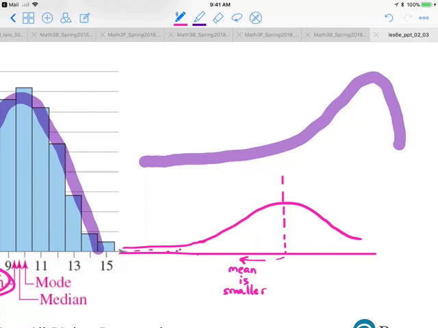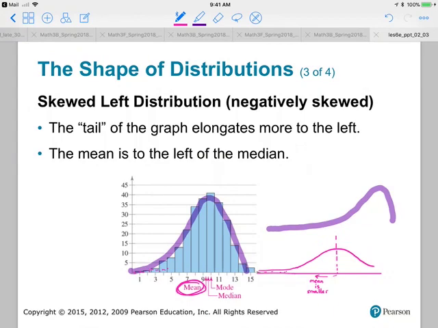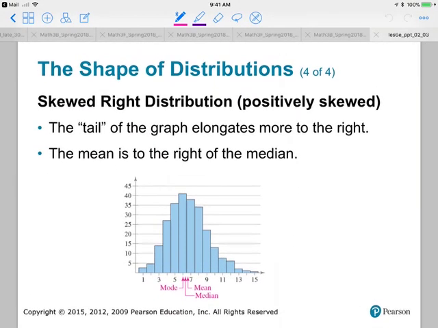So the mean is going to be brought down to be smaller because it's impacted by these outliers occurring from this left tail. Okay, and then similarly, right skewed is very similar. The mean is going to be greater because you have a lot of high values. If you've got these high values, it is pulling the mean up.